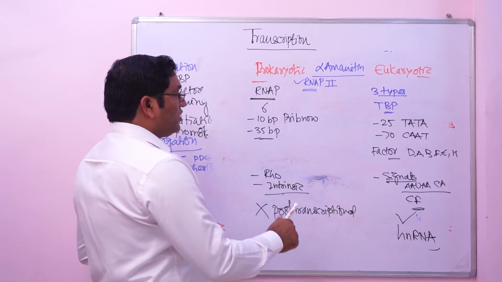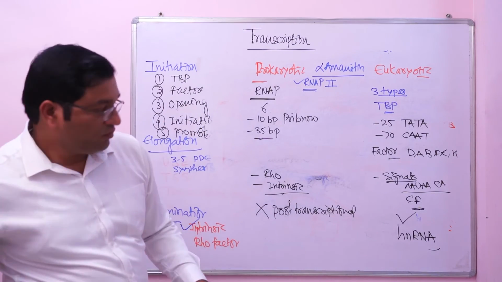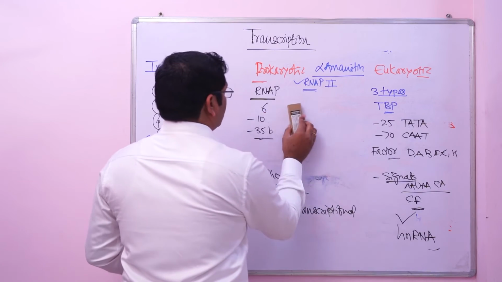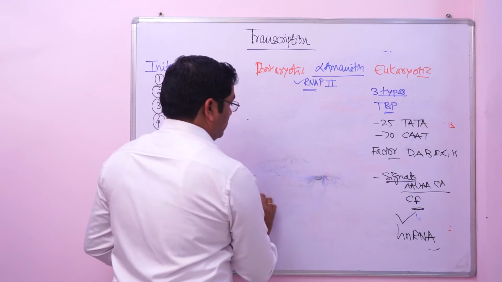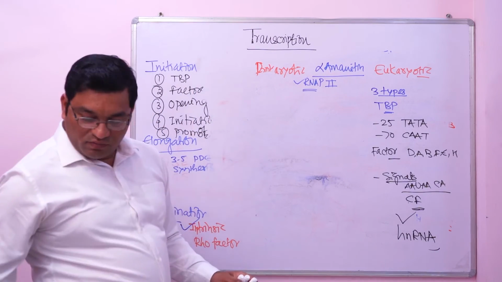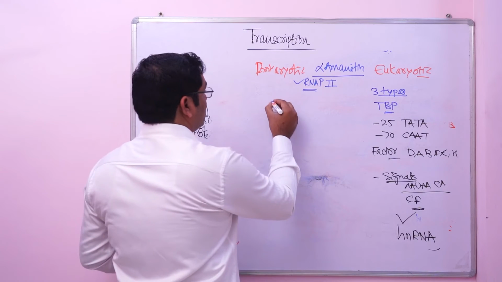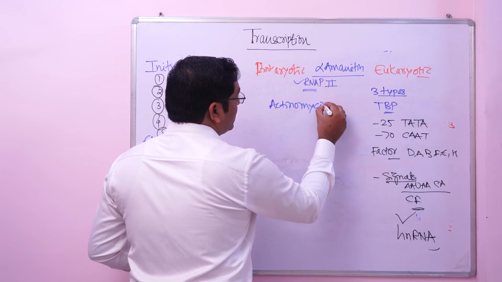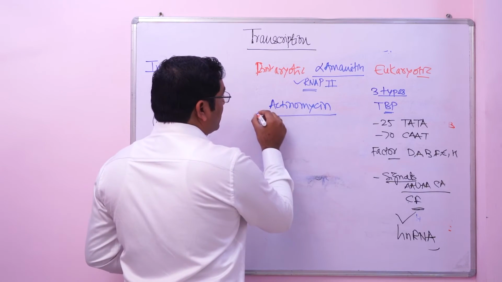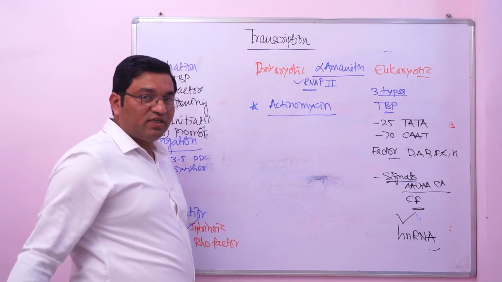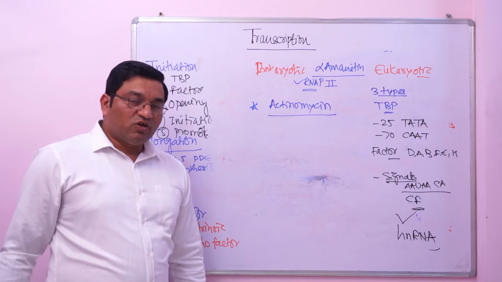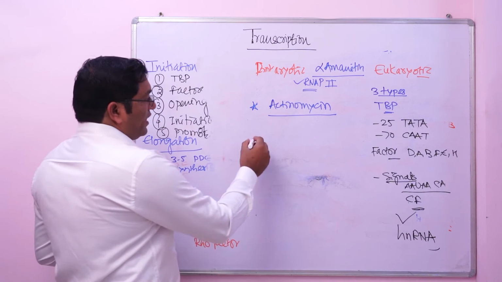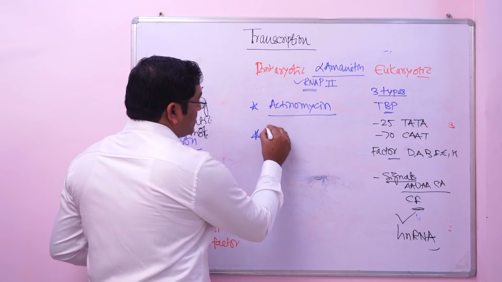Then the drug actinomycin intercalates with the DNA and inhibits the transcription process. Actinomycin is used in the treatment of certain cancers. Okay, and the second one is the rifampicin.